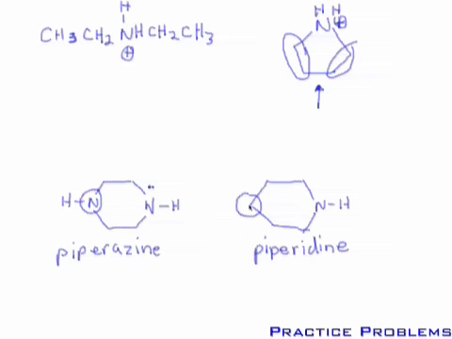Whereas the inductive electron donation of the carbon pushes electrons into the nitrogen, making the lone pair more available. Pyrazine has an electronegative group and as a result is less basic. The more nitrogens you add, the more electronegative atoms you add, the lower the basicity. A common mistake students make is they simply think, oh, there are 2 lone pairs, that must make you a stronger base. It doesn't work that way.